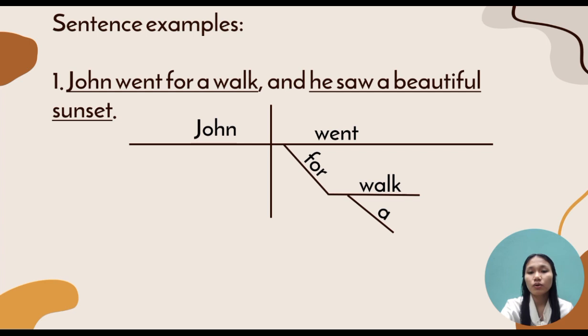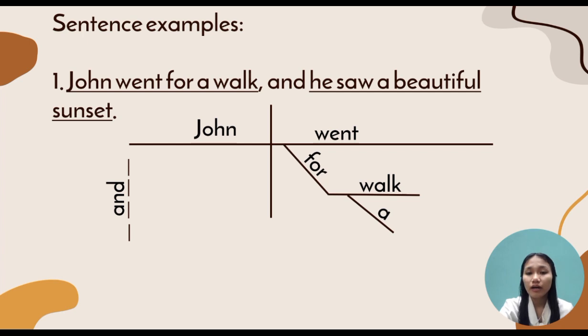That's it. So for is our preposition. That is why it is written using a slanting line, and walk is another verb. Then next, we are going to write our coordinating conjunction in our sentence diagramming using a broken line.